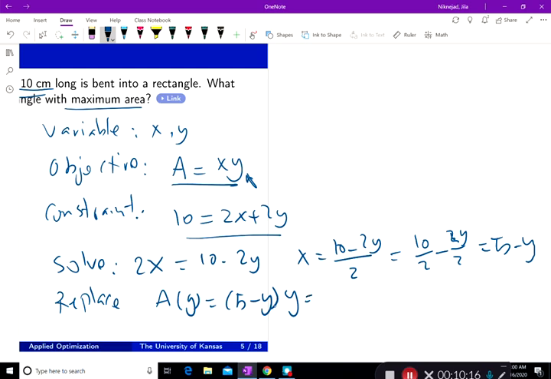If we remember this from pre-calculus, then we would distribute the y, and we end up with a quadratic function. In pre-calculus, we can find the maximum of a quadratic function.